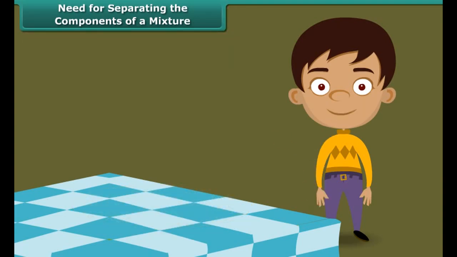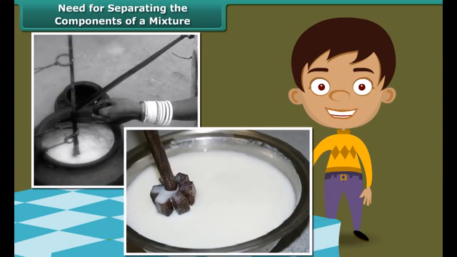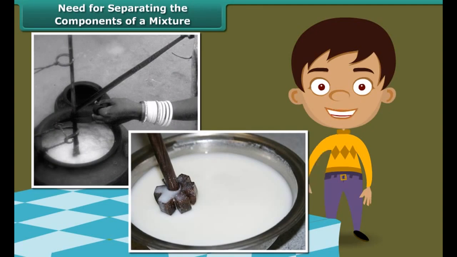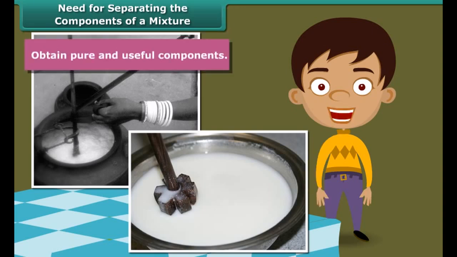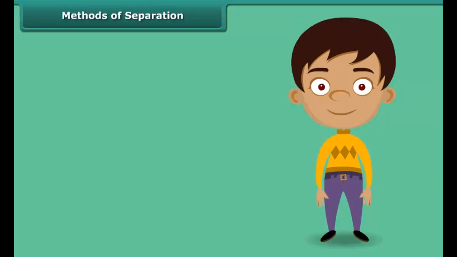When we churn milk, curd, we get two different but extremely useful products, butter and buttermilk. Thus, the third reason for separating the components of a mixture is to obtain pure and useful components. You sure would have some idea about the methods of separation.